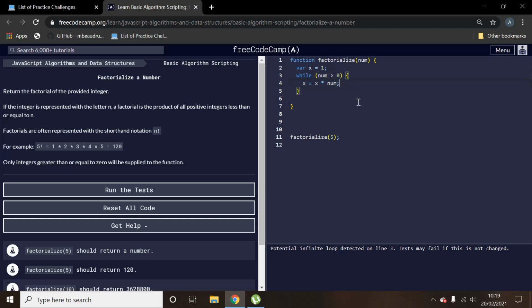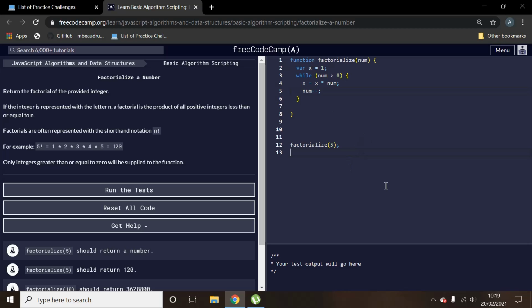And then I say num minus minus. So let's use the example of 5 here. If num is 5, what is going to happen? x is equal to, for the initial value of x is 1, multiply by 5, okay, then it is a loop.